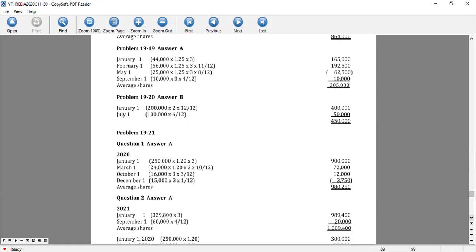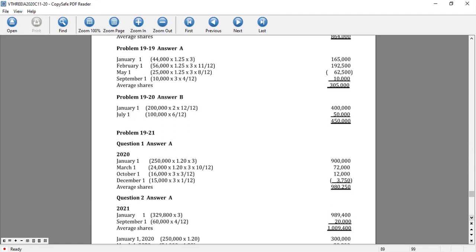Then on July 1, shares issued 100,000 up to December 31. So it's no longer affected by the split because the transaction occurred after the split. So we have now 450,000 shares for 19-20.